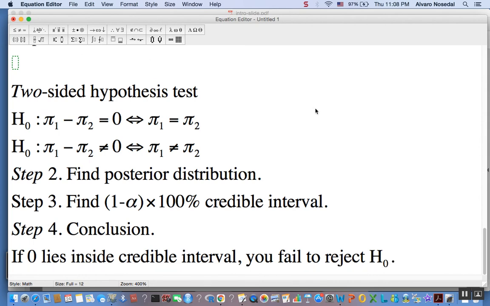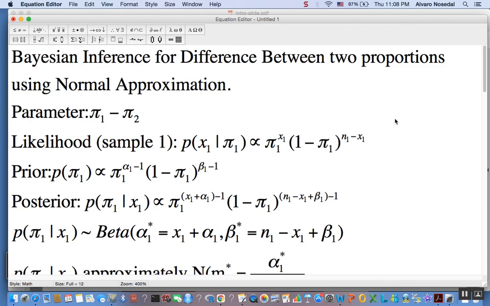Okay, so let's summarize what we did in this video. We wanted to analyze data coming from two samples that had a binomial likelihood. Another way of saying this is we wanted to compare the parameters for two Bernoulli processes, pi 1 and pi 2.